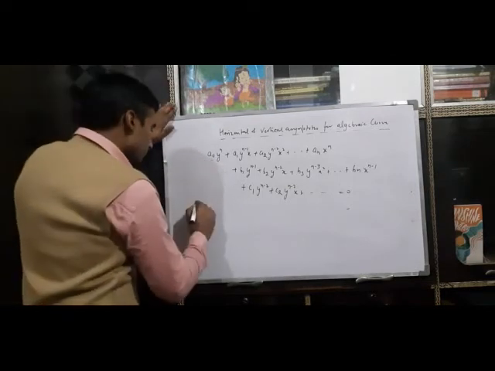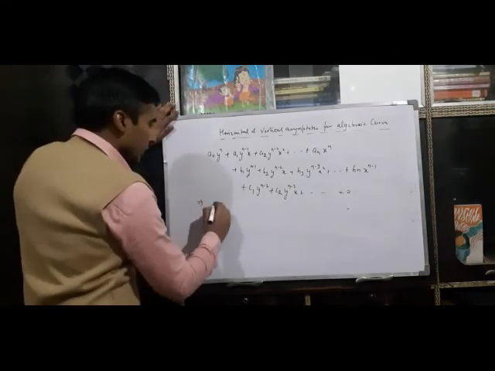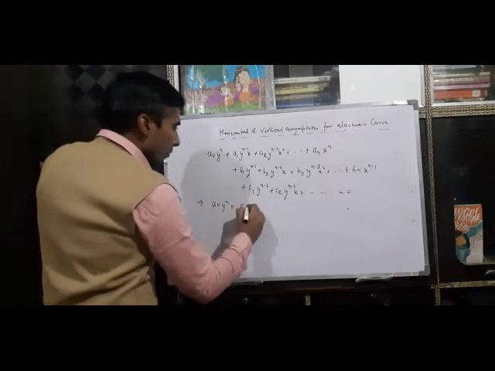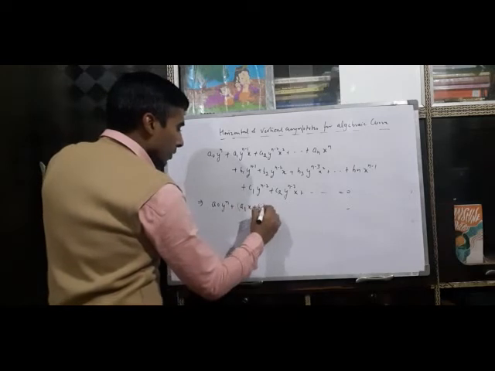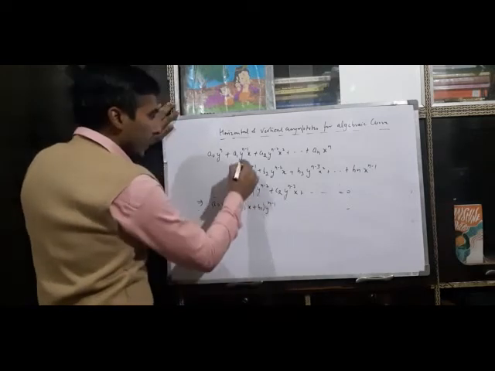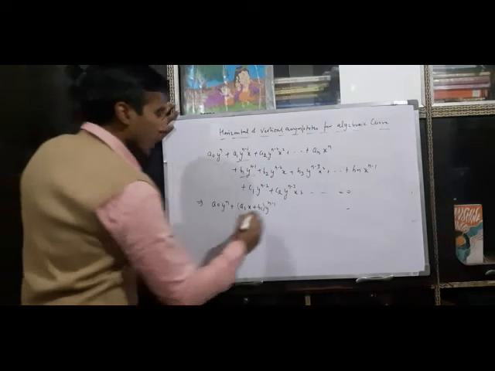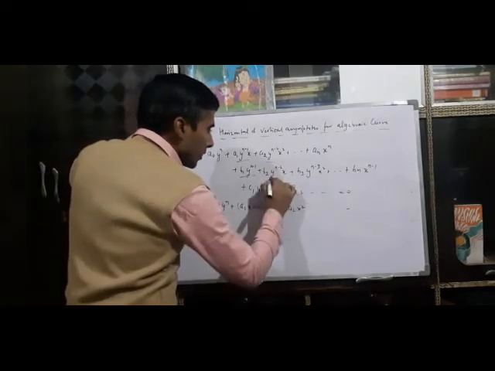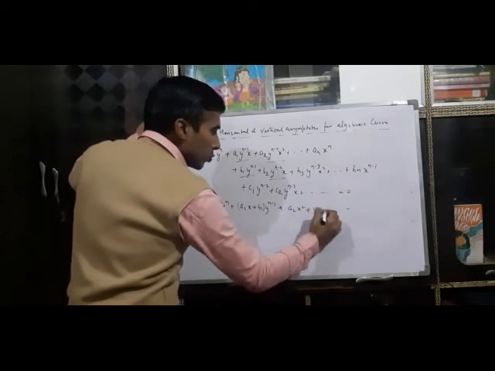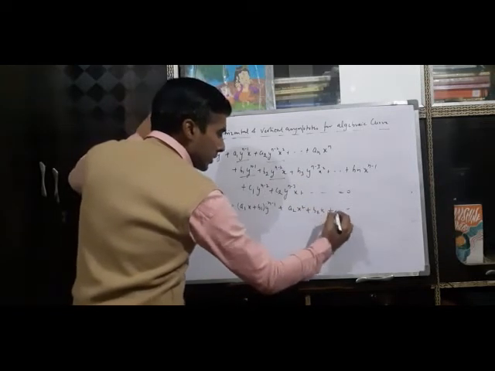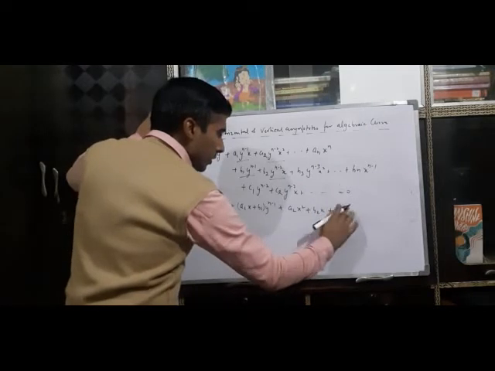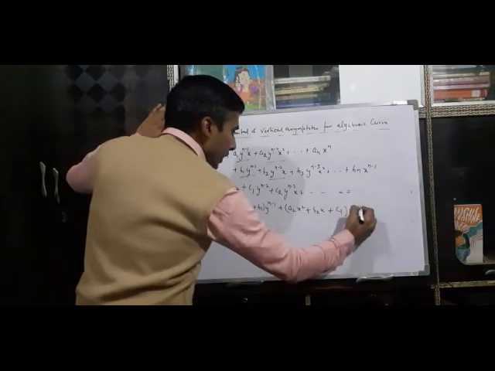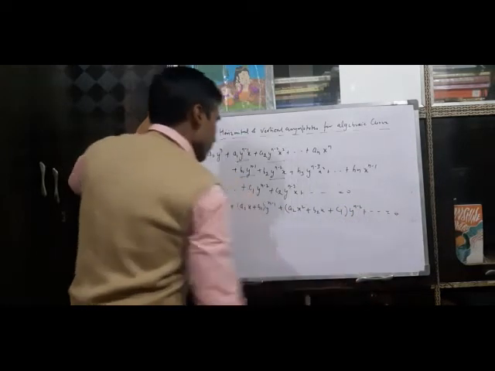This equation can be rewritten as a0 y^n plus (a1 x plus b1) y^(n minus 1), considering these two terms, plus (a2 x square plus b2 x plus c1) y^(n minus 2), and so on.